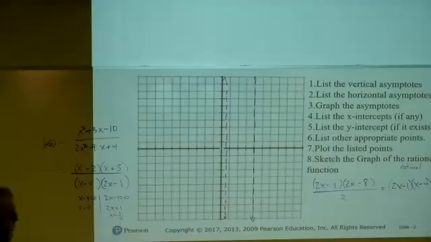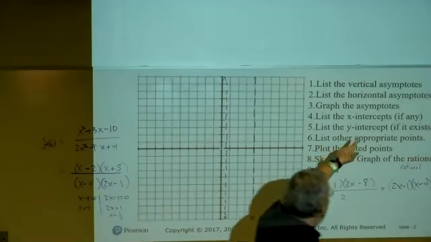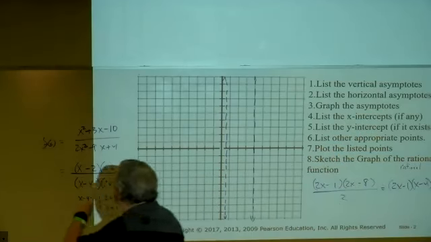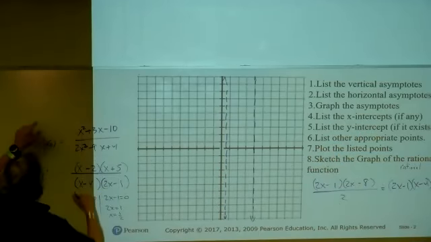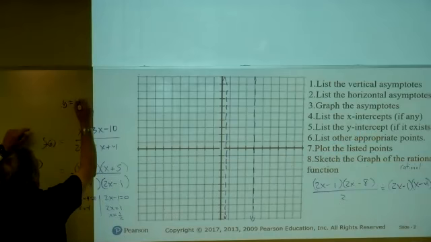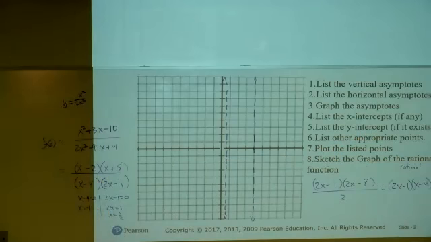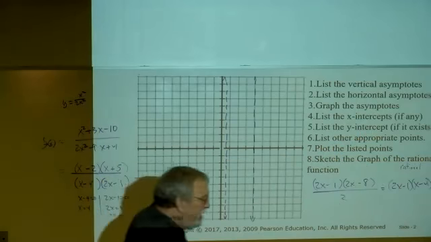Now we need to determine the horizontal asymptotes if it has any. For the horizontal asymptotes, we look at the leading terms. y equals x squared over 2x squared. Are the degrees the same or different?